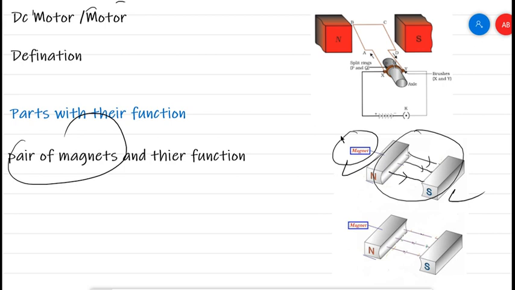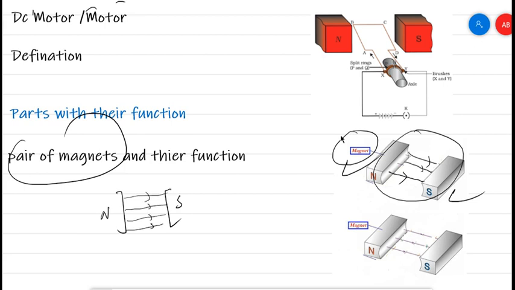But mostly we consider the block diagrams where we use bar magnets. The same thing you can also draw like this, because drawing the diagram is very important. For a sketch diagram, you can draw the north pole, south pole, and then show the magnetic field lines between them. You must show the direction.